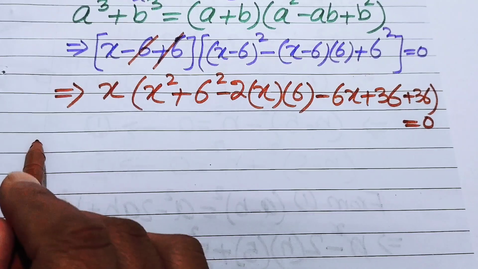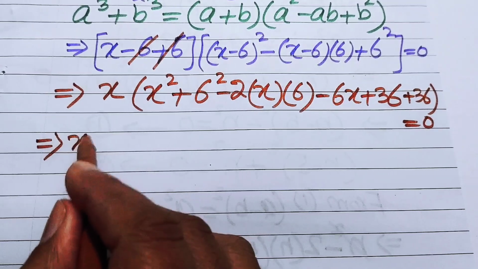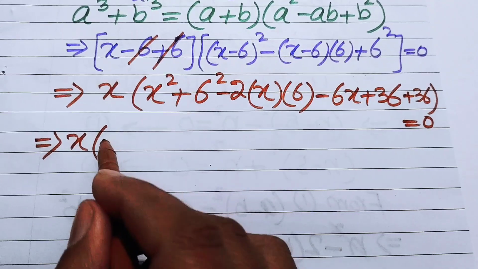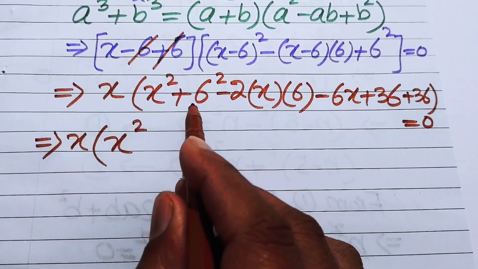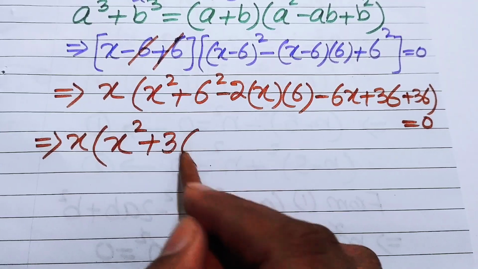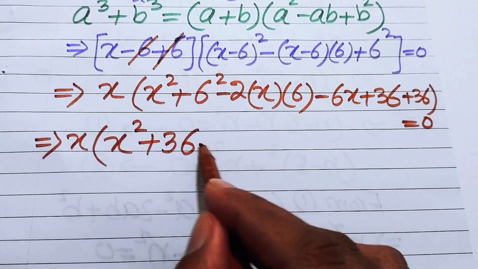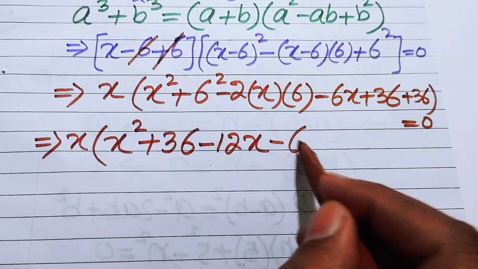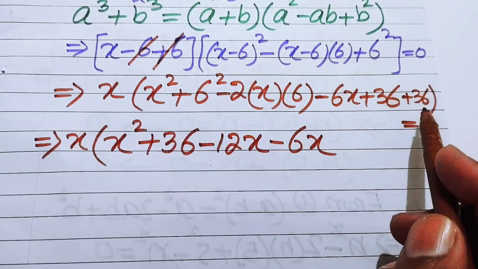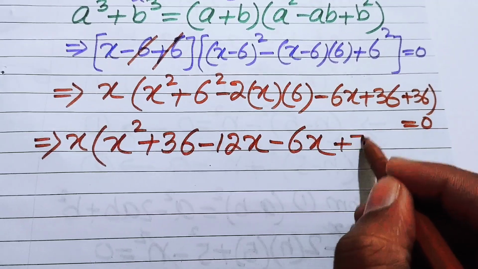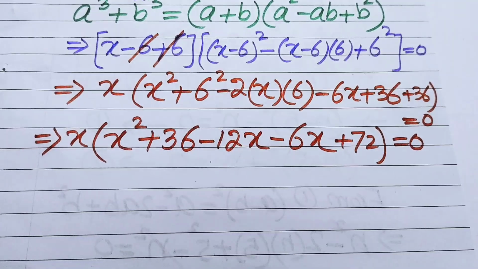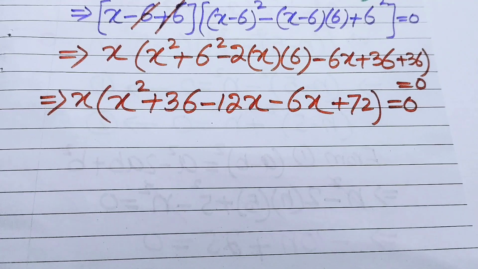Here we add or subtract the like terms, and first we have x, and here you see that x squared is the only one term, so we write it as it is, and this is 6 squared and it equals 36, and we know that 2 times 6 is minus 12 into x, and here you have minus 6x, and here we add 36 plus 36, it equals 72, and this whole equals 0. So in the next step we need to add or subtract the like terms.